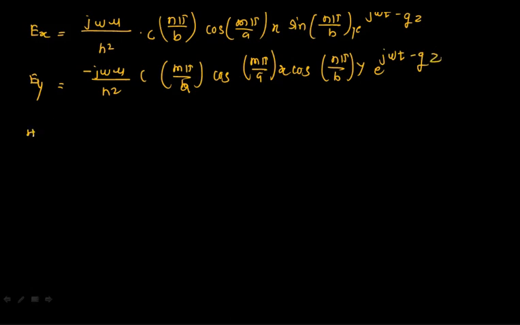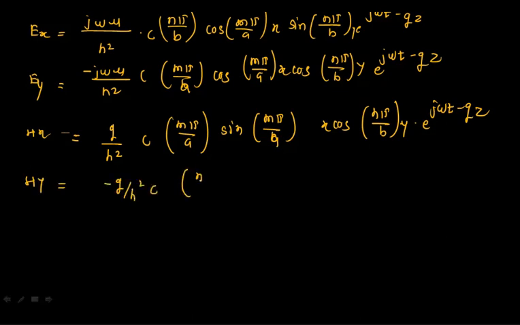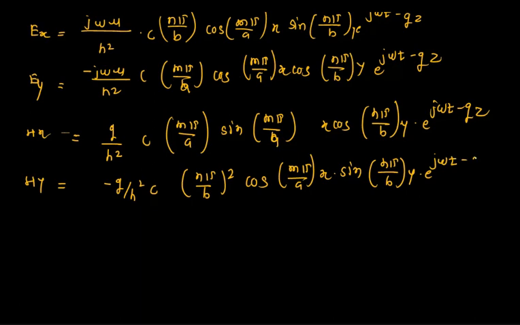This is another, the Hx component: gamma by h square C m pi by a sine of m pi by a x cos of n pi by b y e raised to j omega t minus gamma z. And the last component is the Hy component, which is minus gamma by h square C n pi by b cos of m pi by a x sine of n pi by b y e raised to j omega t minus gamma z.